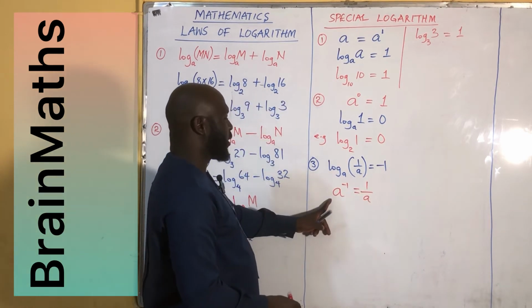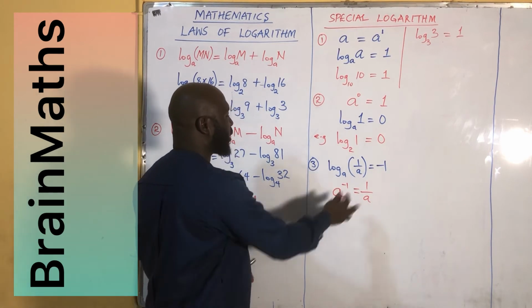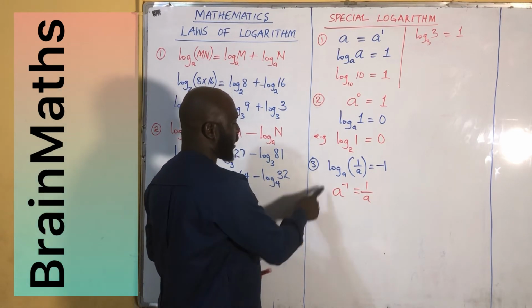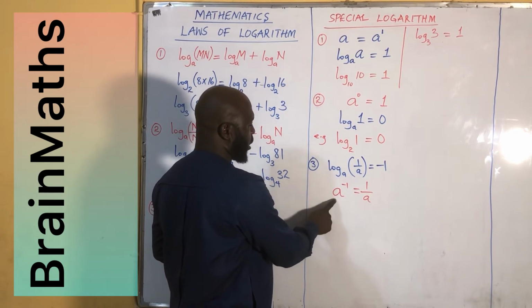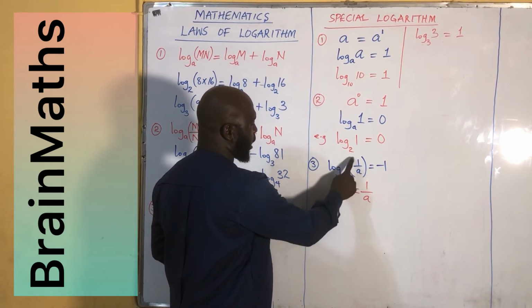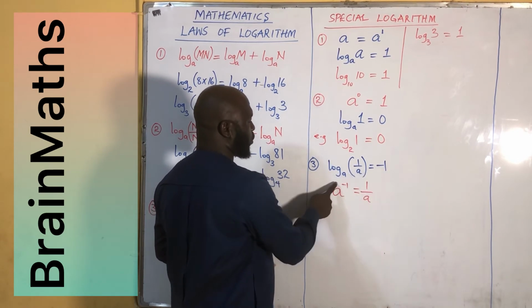So if this is given to us as an index, we can rewrite it in logarithm, taking logarithm to the base a of the number given to us, which is 1 over a, and this one will come back to its power side.